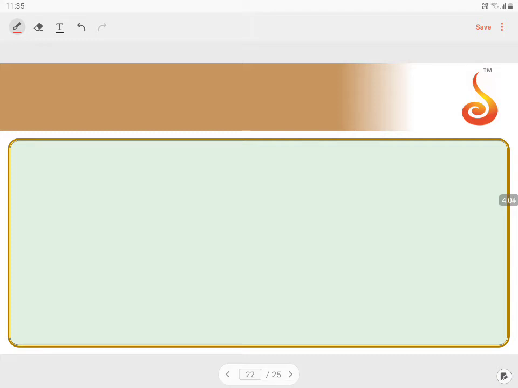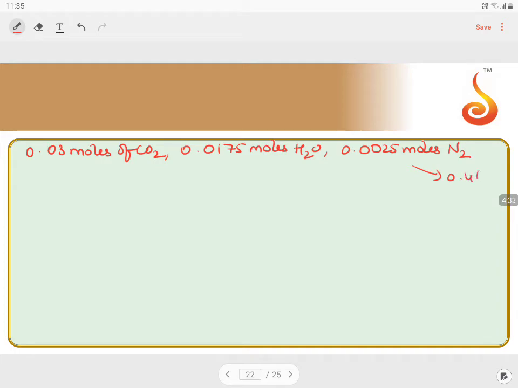We got 0.03 moles of carbon dioxide, 0.0175 moles of water, and 0.0025 moles of nitrogen, all from 0.465 grams of compound.